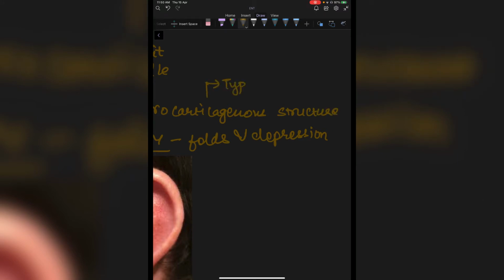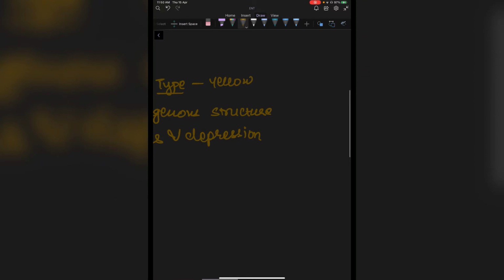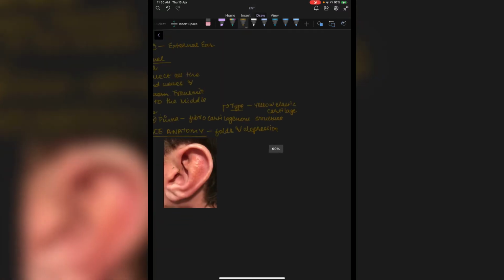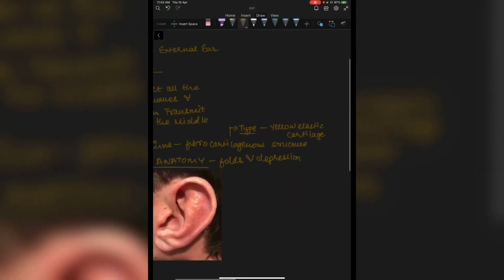The type of cartilage is yellow elastic cartilage.